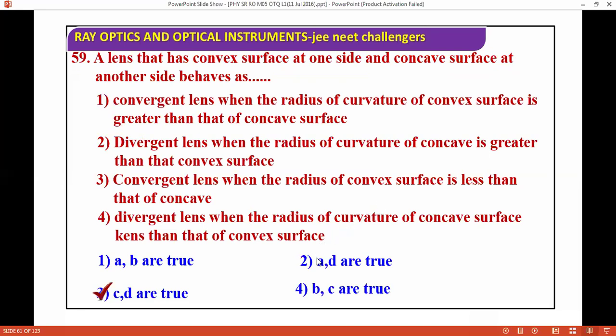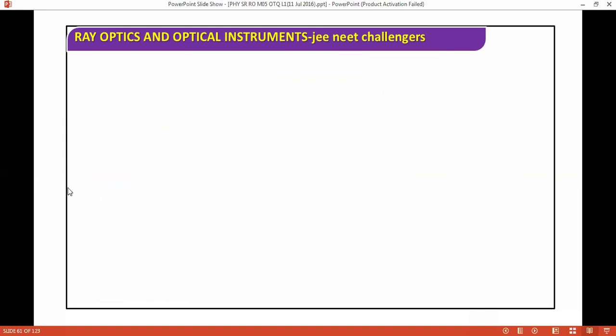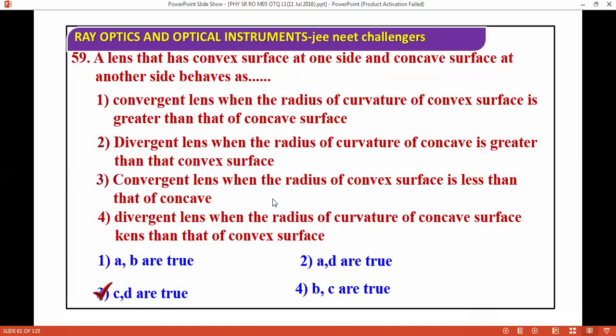It is a convergent lens when the radius of curvature of the convex surface is less than that of the concave surface, and a diverging lens when the radius of curvature of the concave surface is less than that of the convex surface. You should know all these concepts. Next question.